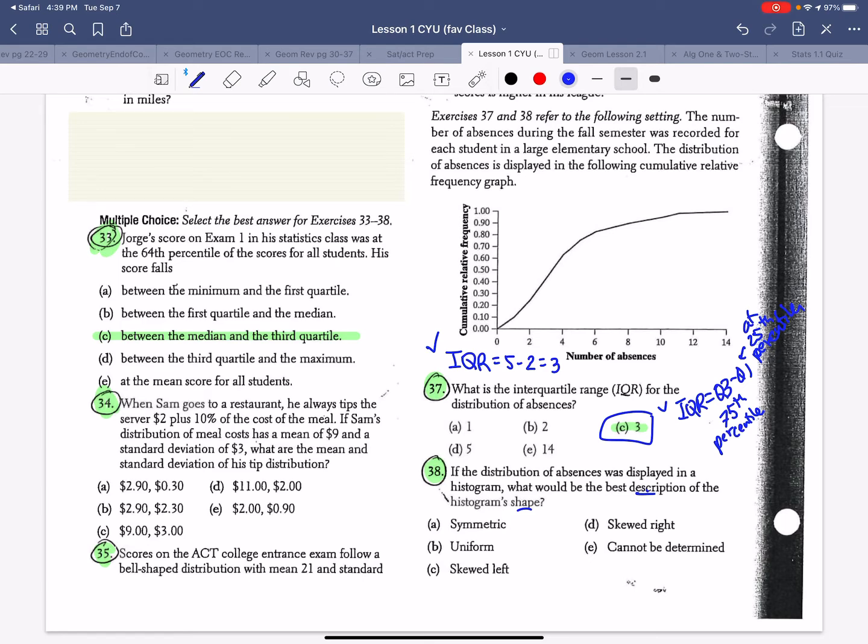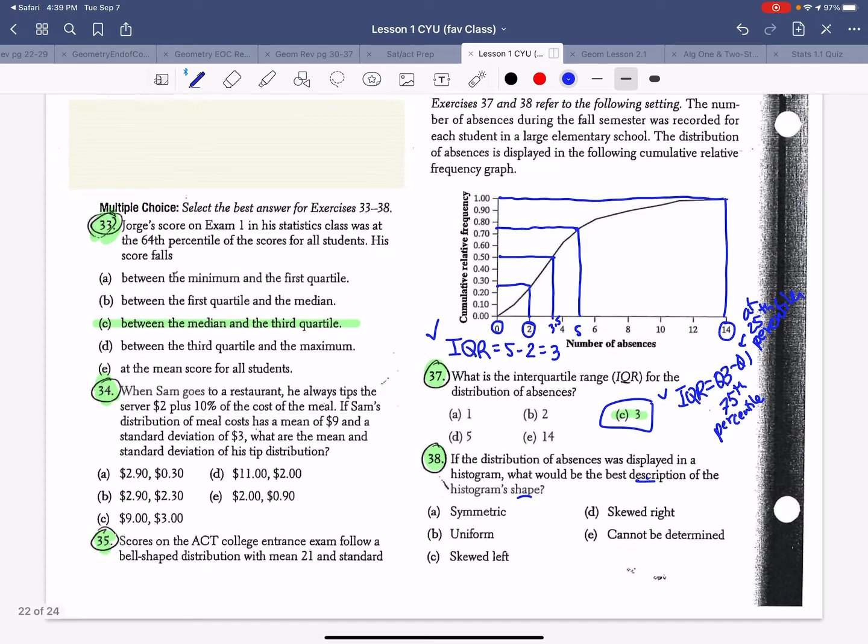So let's see. My 5 number summary, I already kind of had that, right? 2. That'd be my median. I'm just going to call that like 3.5. And then that, let's say 5. And then my max, I'll say 14, and my min is 0.